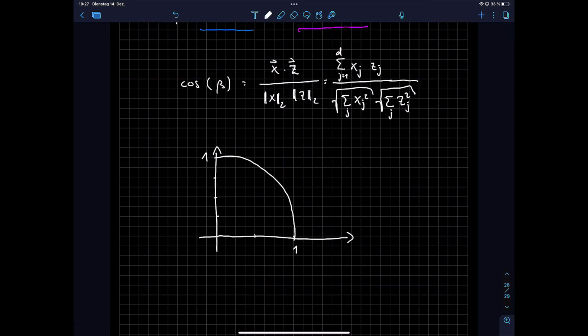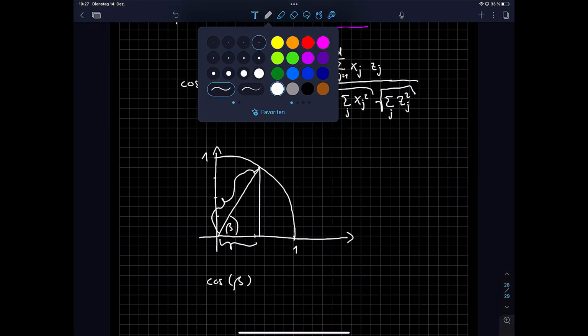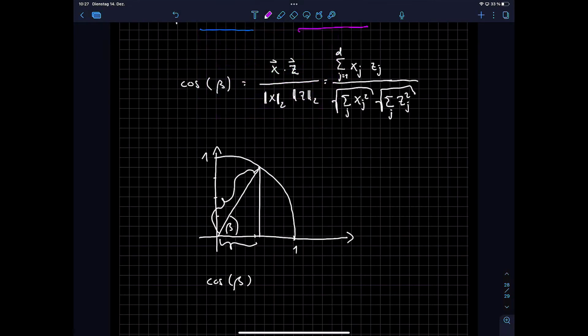If we're looking at this angle here, and let's say that is beta, then the cosine would be the relation of this line towards this line. So the cosine of beta would be the relation of the purple line to the blue line.